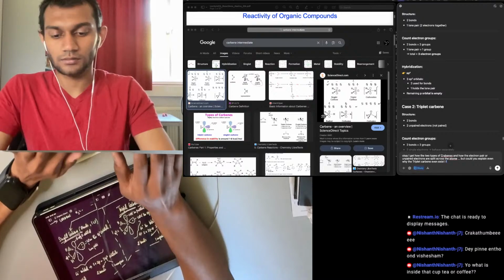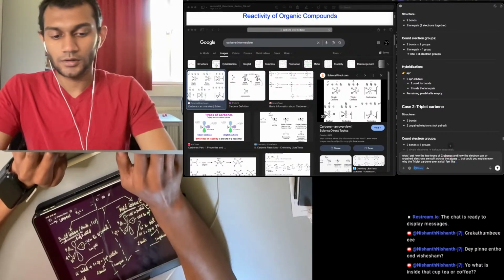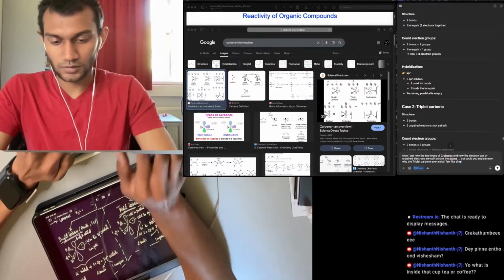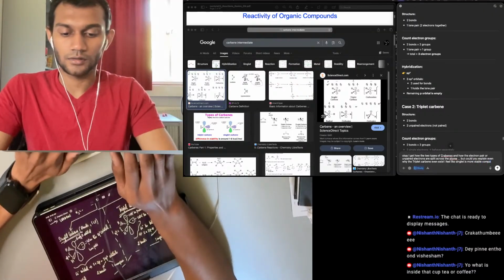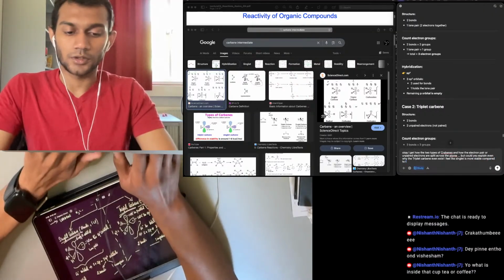I feel like singlet is more stable compared to triplet.